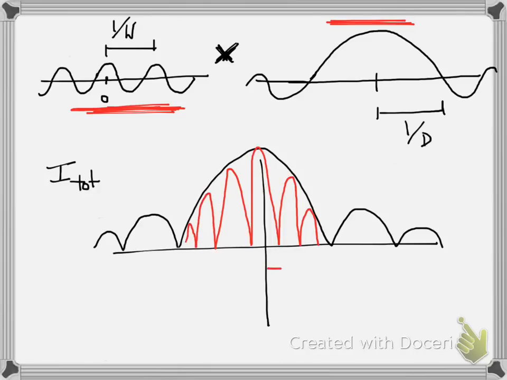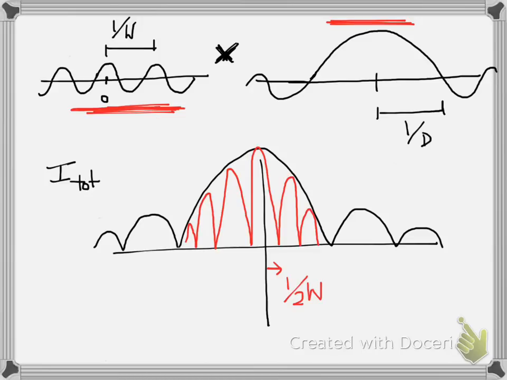And the first zero of the intensity field is at a distance 1 over 2W. Sorry, the period of the cosine curve is 1 over 2W because, no, I'm being wrong. It's just 1 over W.